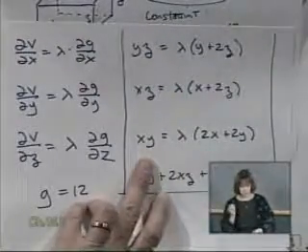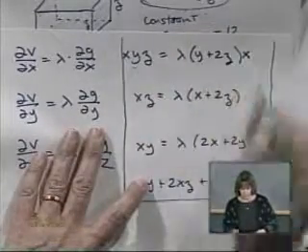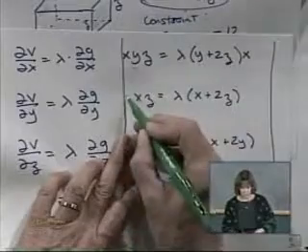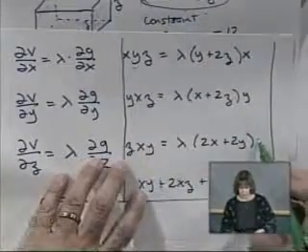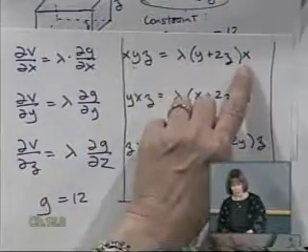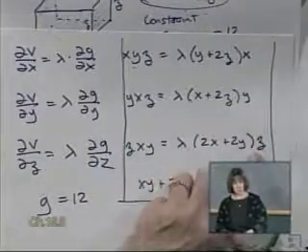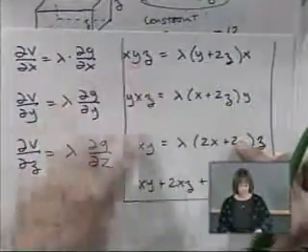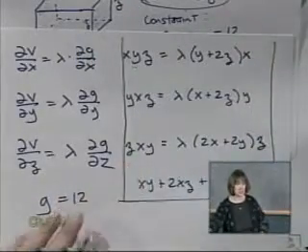the variables. So what I'm going to do is multiply this one through by x, and I'm going to take this one and multiply through by y, and I'm going to take this one and multiply through by z. Okay, so look what I have. xyz equals blah, blah, blah. xyz equals blah, blah, blah. xyz equals blah, blah, blah. Well, if all of these equal xyz, what do you know about the guys on the right-hand side? They equal each other.